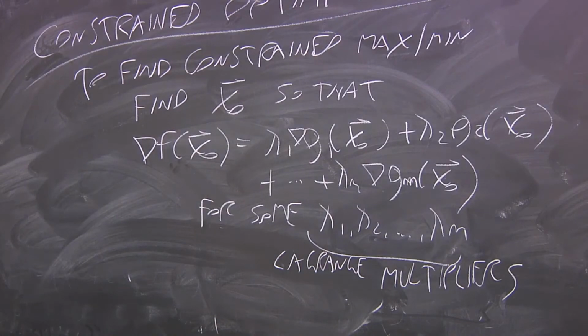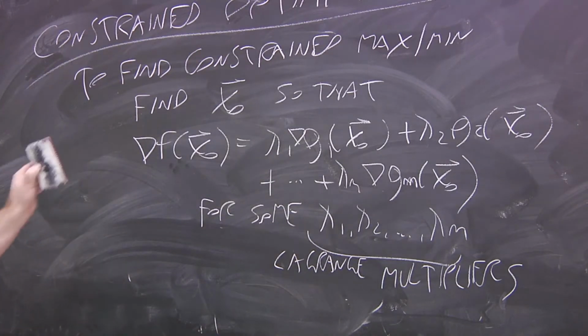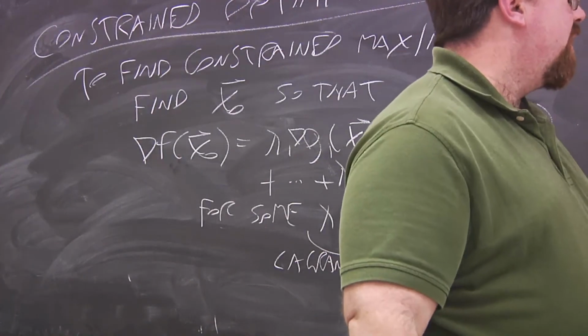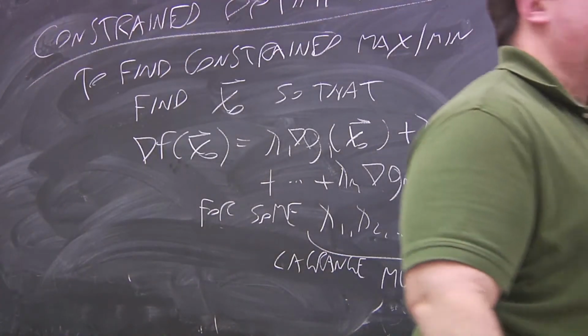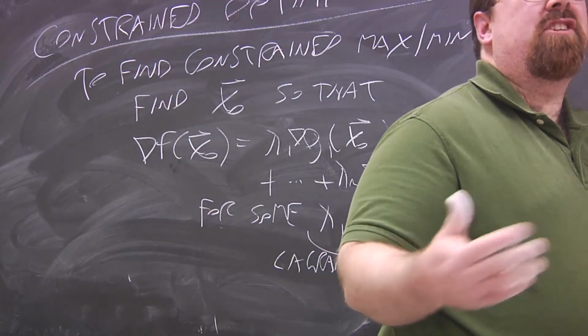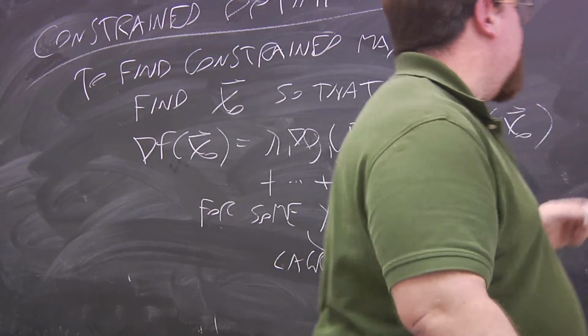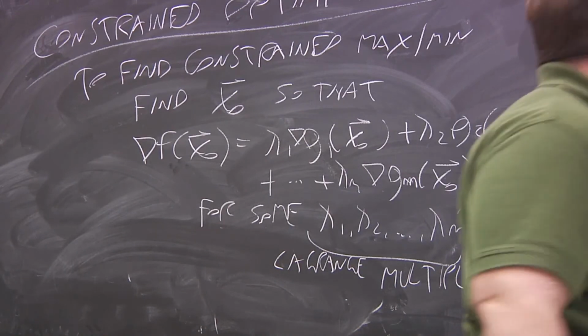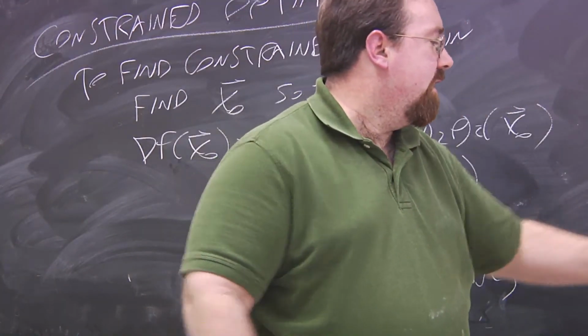Now, even though I came up with this by talking about the tangent spaces, you don't really care to know what the tangent spaces are. You just have to find a point, x0, where this happens. Because you know this is true already.